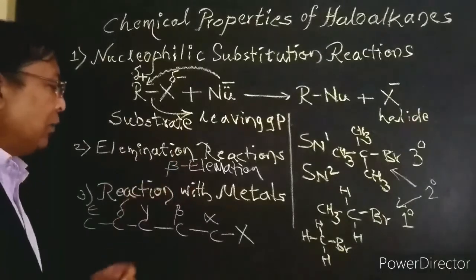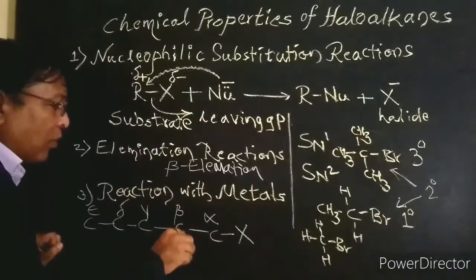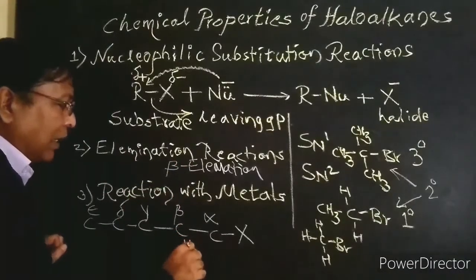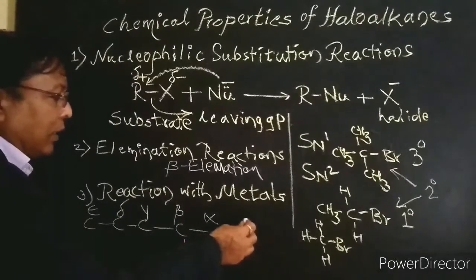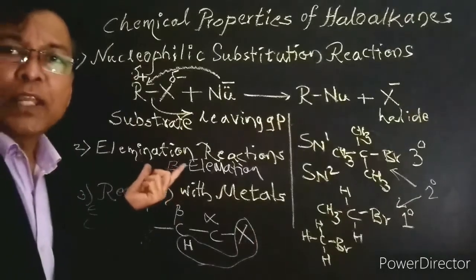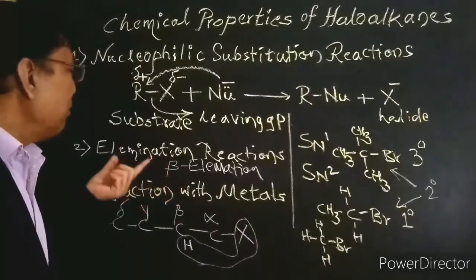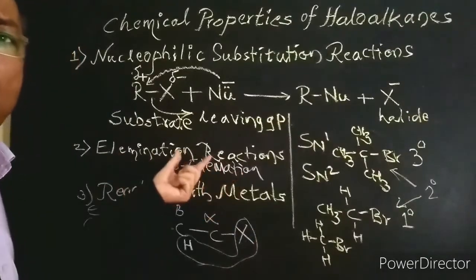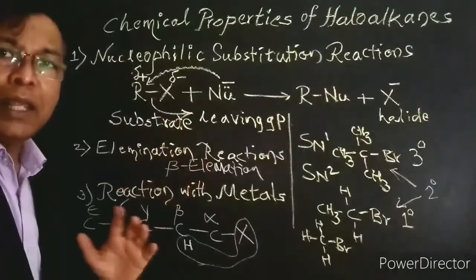In beta elimination, the hydrogen atom from the beta carbon atom and the halogen atom are removed. Therefore, this type of reaction is called beta elimination reactions or simply elimination reactions.